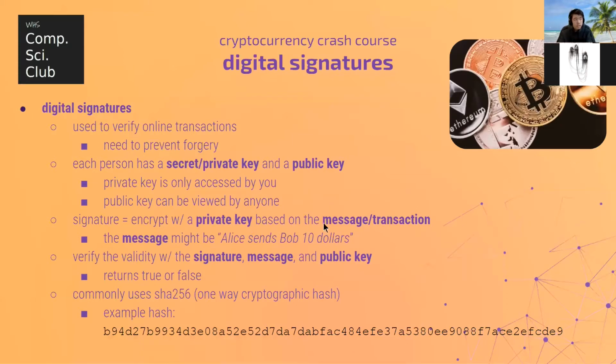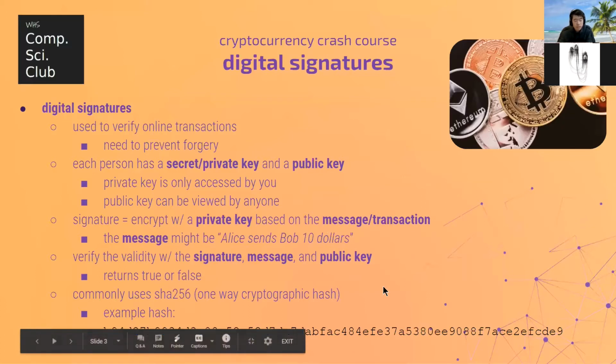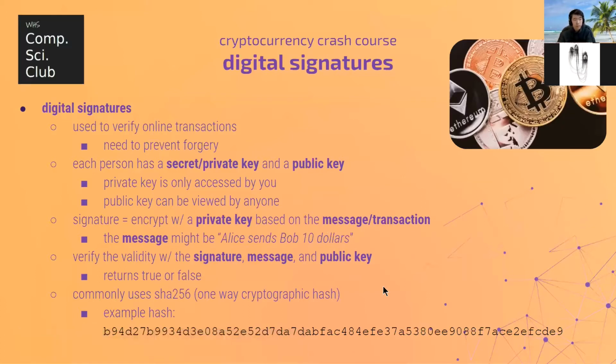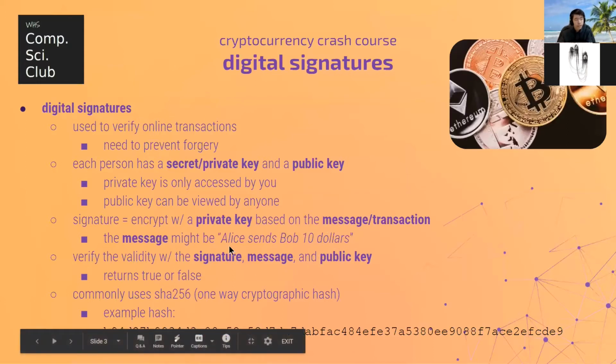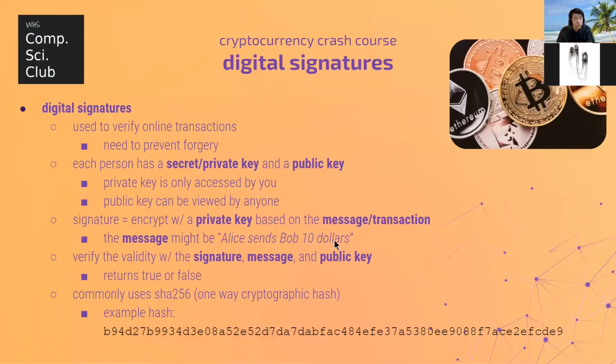The use of this is that the signature will change each time the message changes. So if I know this message becomes like 101 when encrypted, I can't just copy and paste that anymore because the next message, which might be Alice sends Joe $10, is not going to be 101 anymore. The signature is going to change because the message has changed.